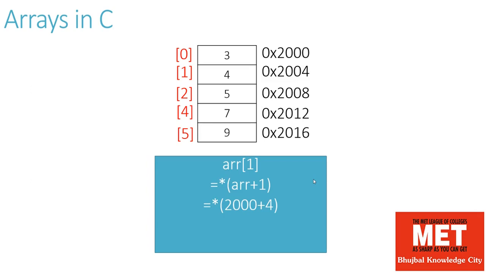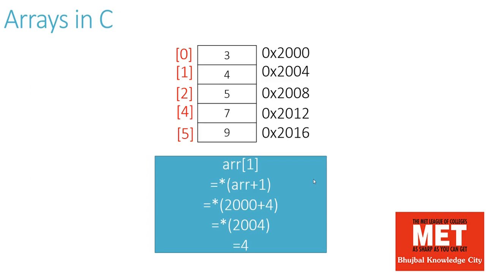Now 2000 is the base address of r as we have seen earlier, and 4 because it's an integer and the size of an integer is 4. That's why the total address would be *(2004), which is dereferencing the value at 2004, which is 4. This is how the subscript operator works.